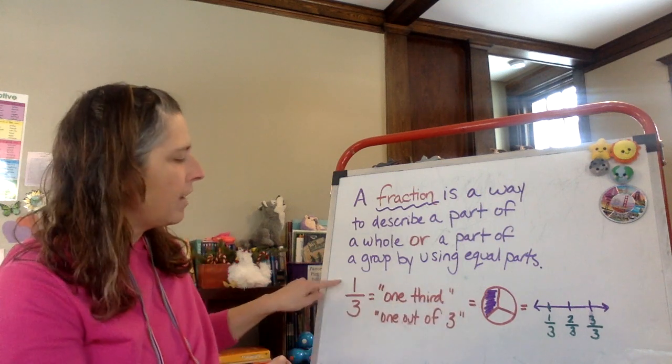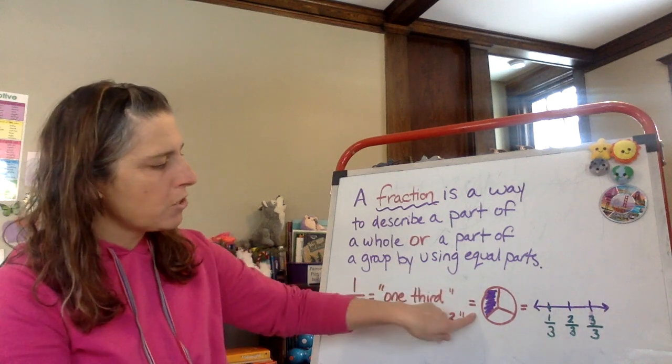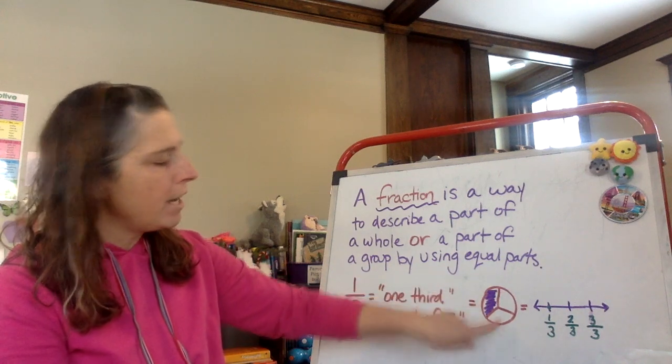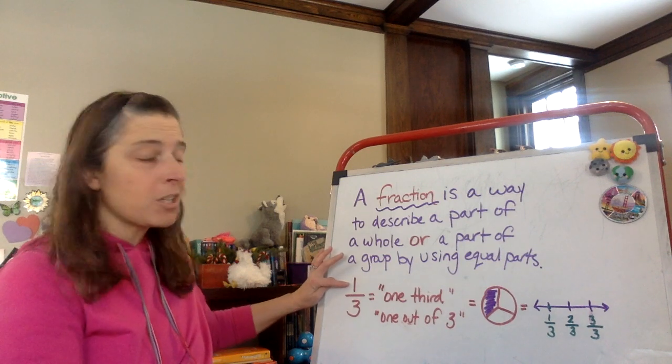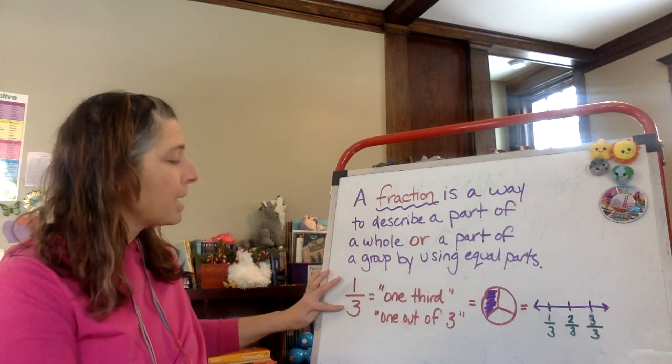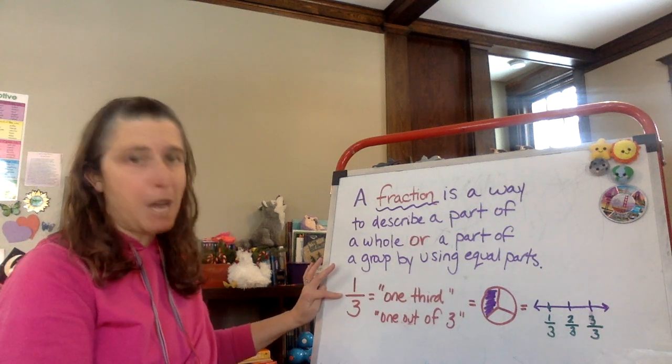So it's 1 out of 3 pieces are shaded. You can see over here when I drew this picture of the fraction that 1 out of 3 pieces are shaded. The number on the top is called a numerator. The number on the bottom is called a denominator. This line right here is called a fraction bar.